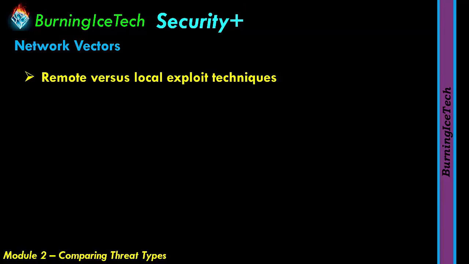Now, in terms of remote, this means that the vulnerability can be exploited by sending code to the target over a network and does not depend on an authenticated session with the system to execute. In terms of local, that, folks, means the exploit code must be executed from an authenticated session on the computer.